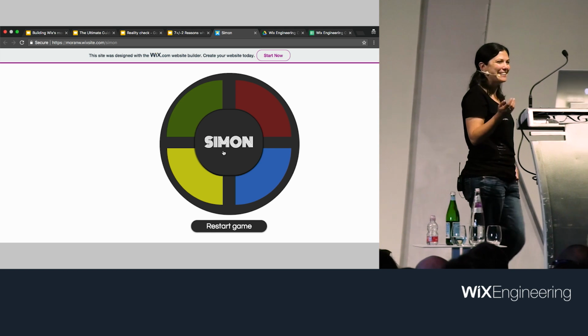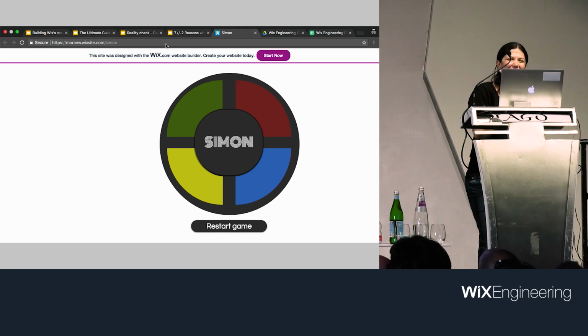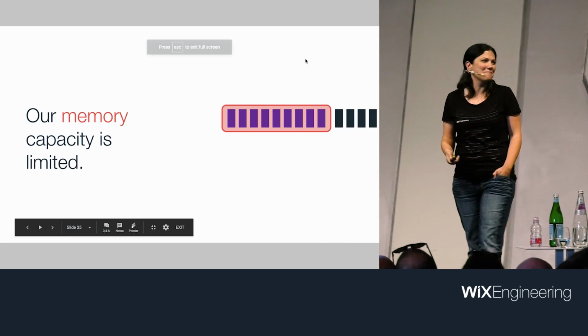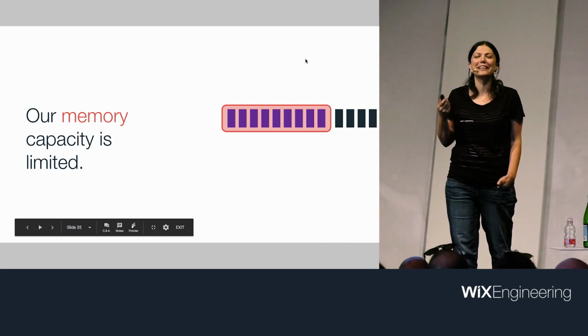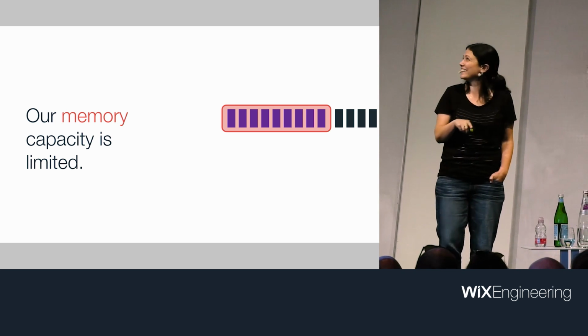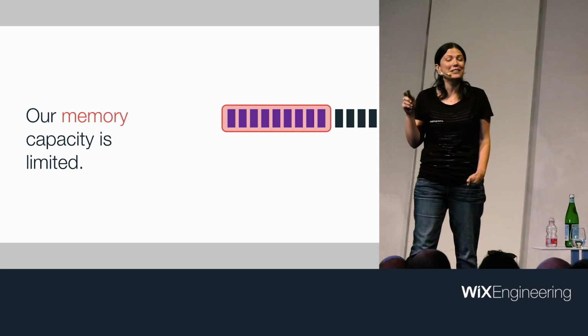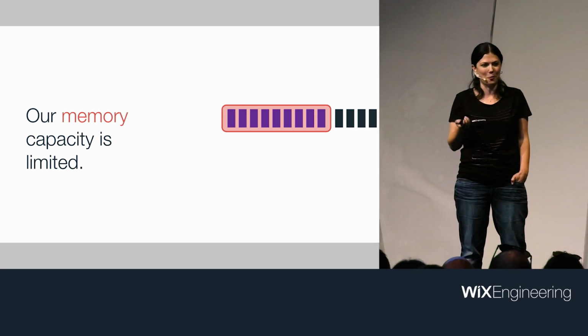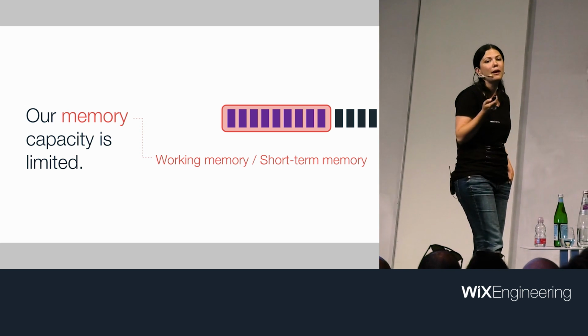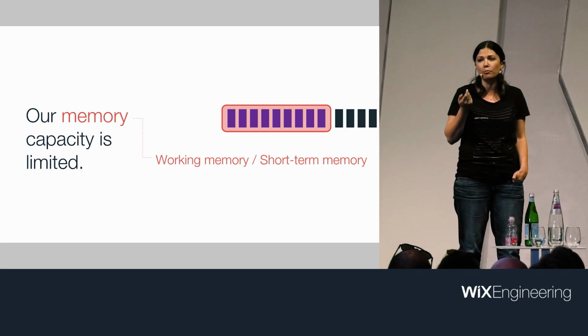It gets harder, right? What I wanted to show you with this game is that our memory capacity is limited. But you were pretty good. There's only so many colors that we can remember. This is called in psychology our working memory or our short-term memory.